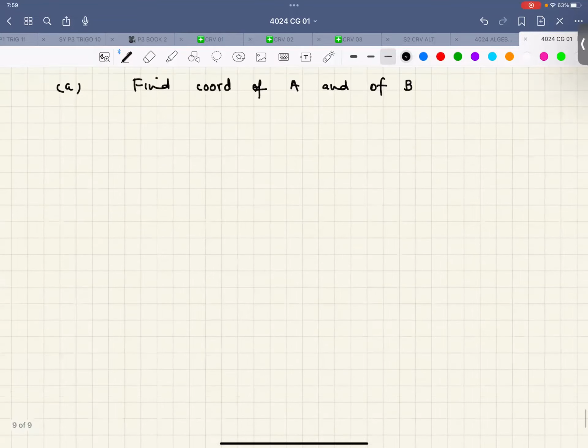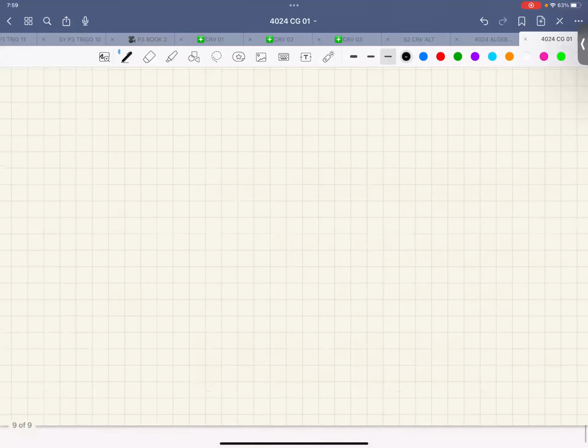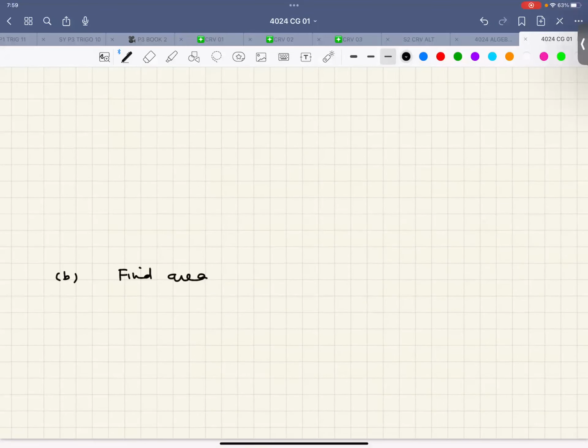Part B, find the area of triangle OAB, where O is the origin.